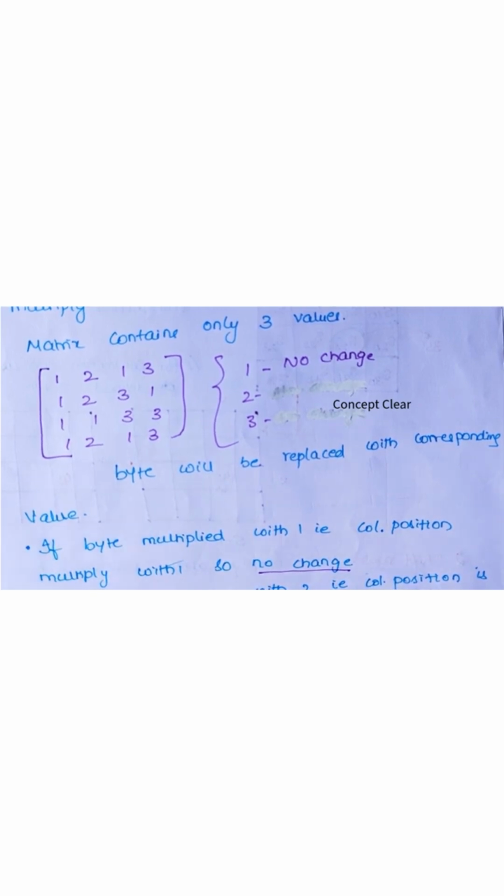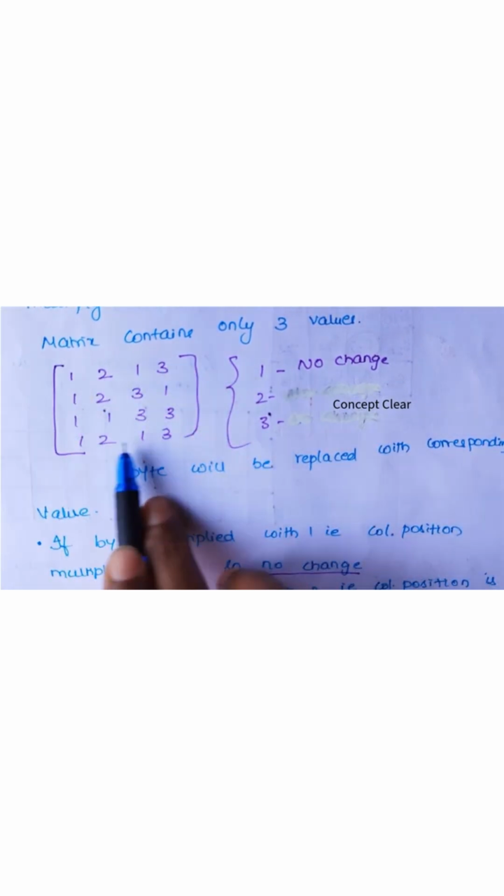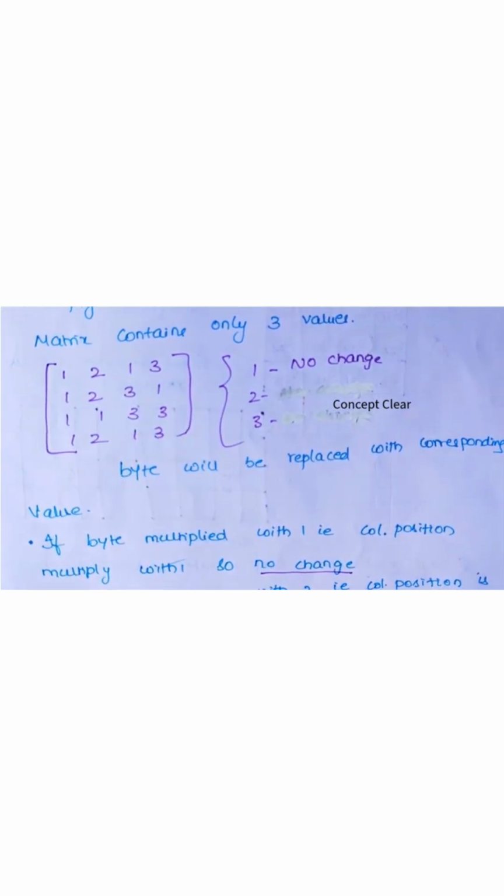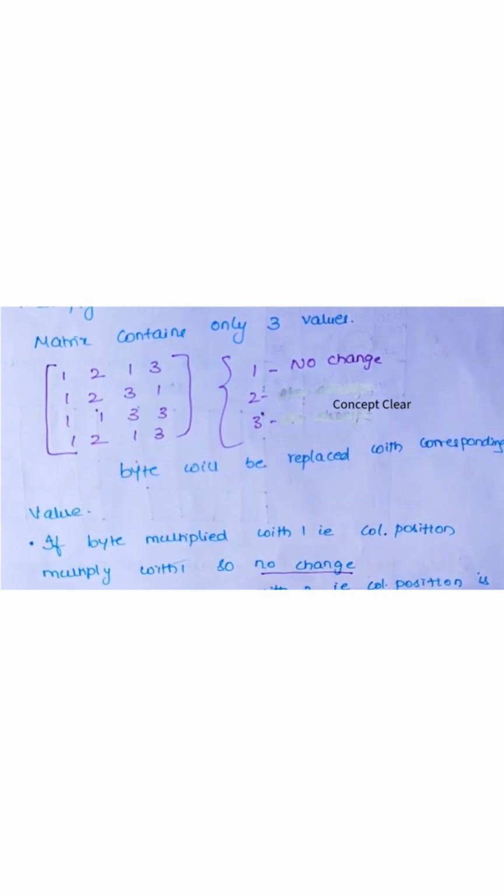If the byte is multiplied with 1, then the column position will not be changed. Here the entire matrix, if you multiply with 1, there is no change. And if the byte is multiplied with 2, the column position will be shifted left by one value.